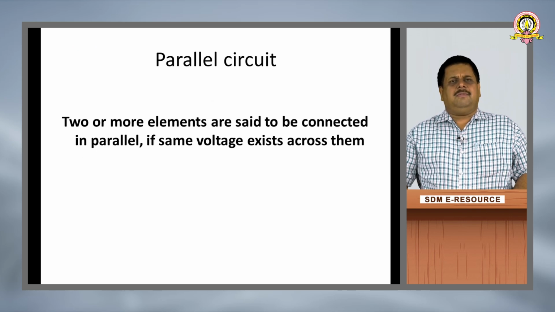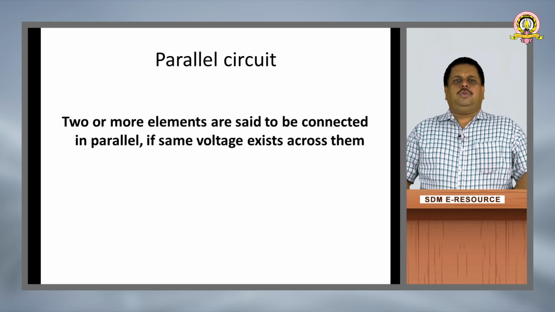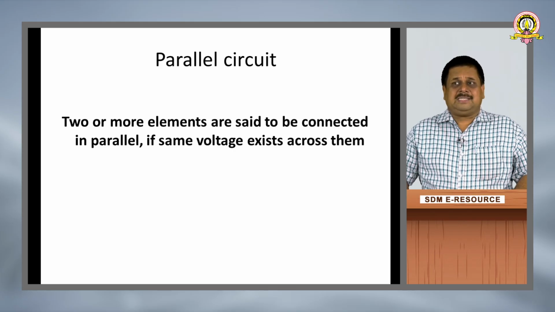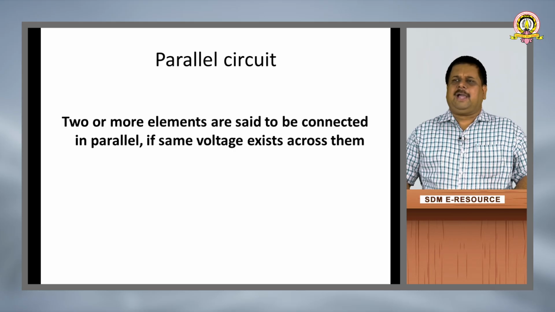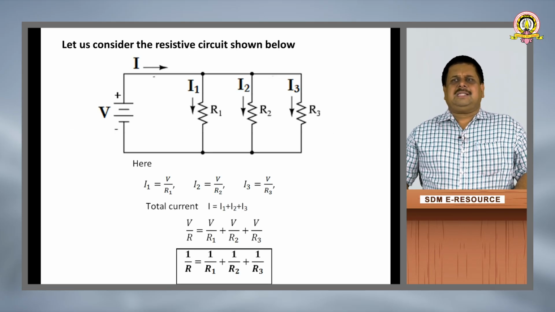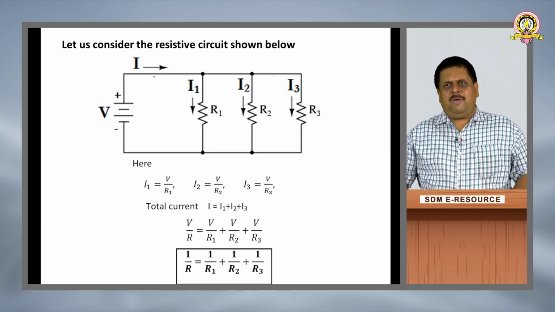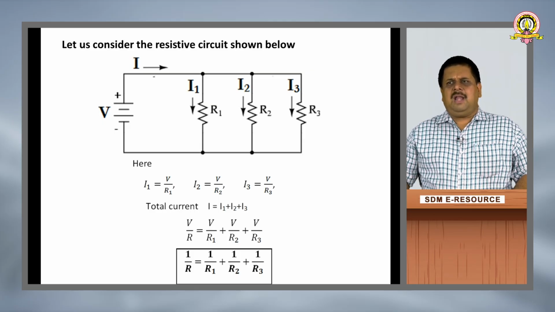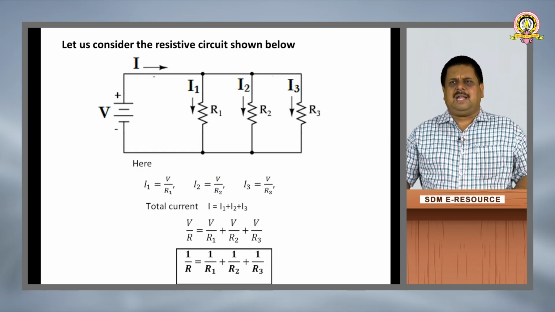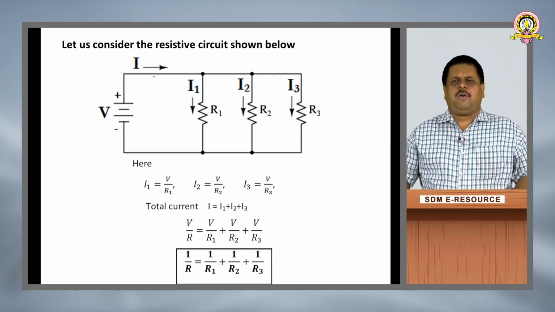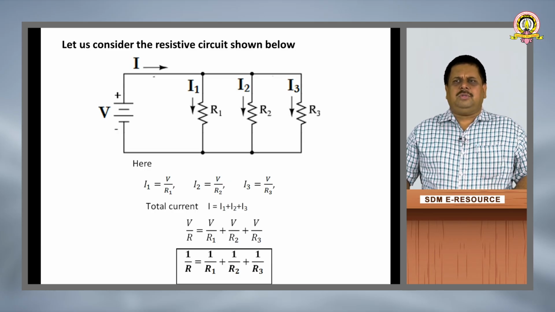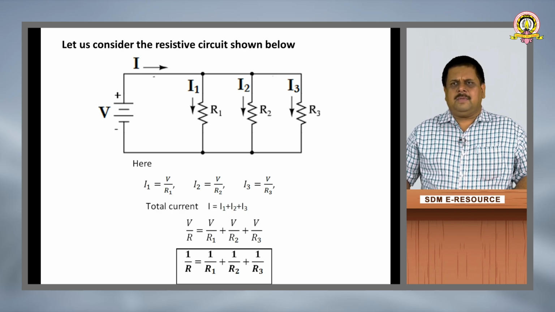Now let us see what is parallel circuit. Two or more elements are said to be connected in parallel if same voltage exists across them. Let us consider the resistive circuit shown below. Here R1, R2 and R3 are three resistances which are connected in parallel across voltage source having voltage of V. Current flowing through each resistance are I1, I2 and I3.